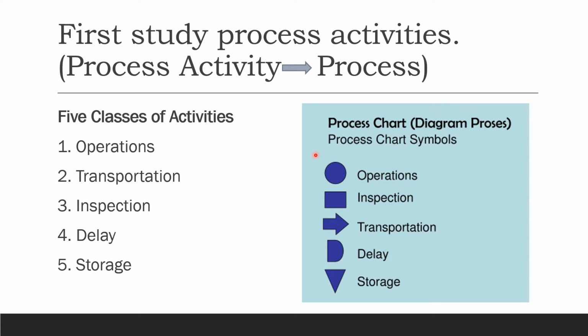It's going to kill your ears. Because you're always surrounded by big machines in the system. So this is our first study, the process activity, and pay attention. We usually use the symbols when we draw the chart.